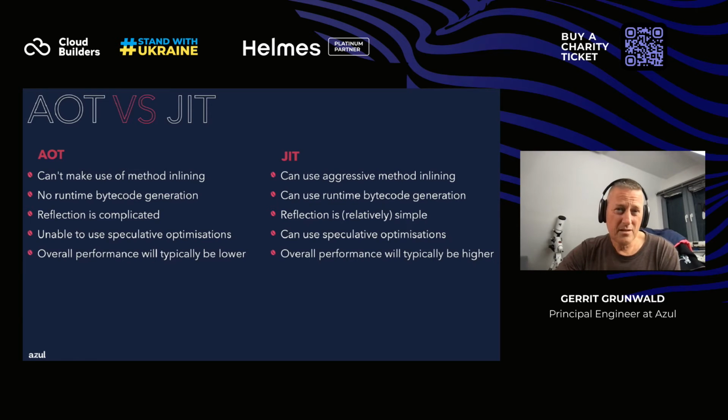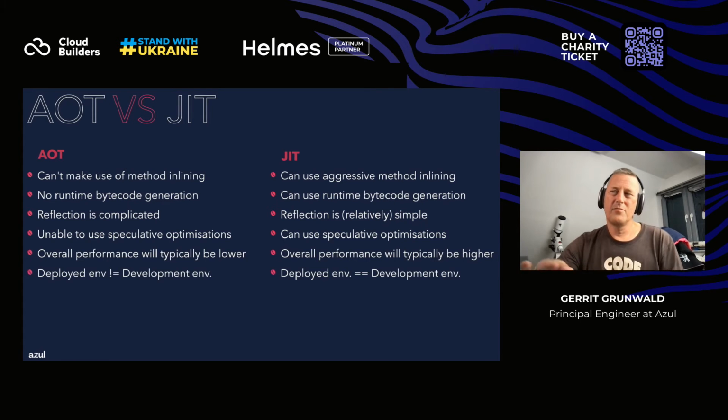Overall performance will typically be a bit lower than a JIT compiler. And one of the biggest problems is that the deployed environment is not the same as the development environment. So that means all tests might pass in your IDE. Once you create the native image, it might fail. So this is one of the biggest problems.